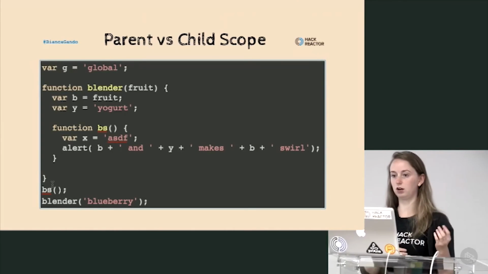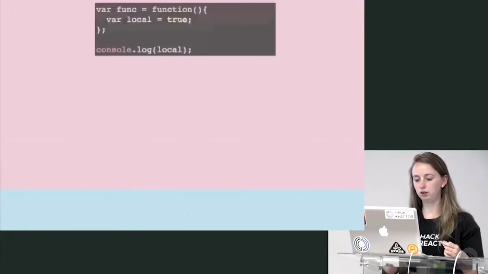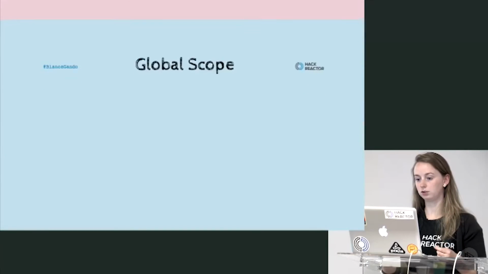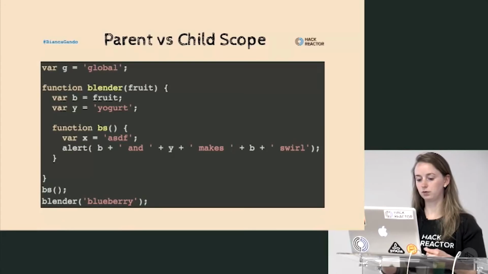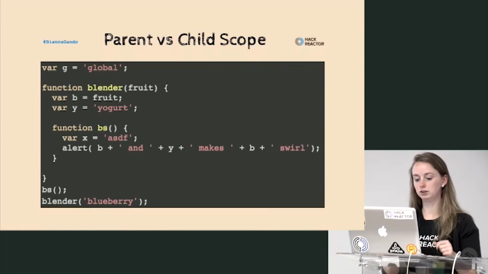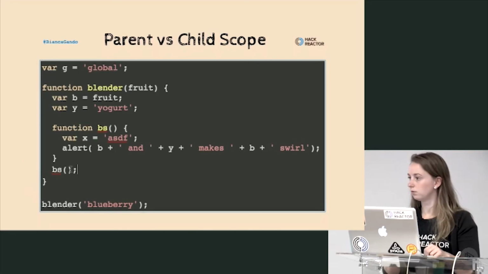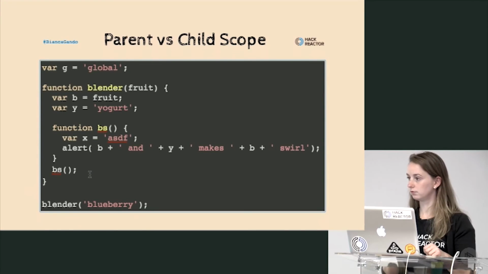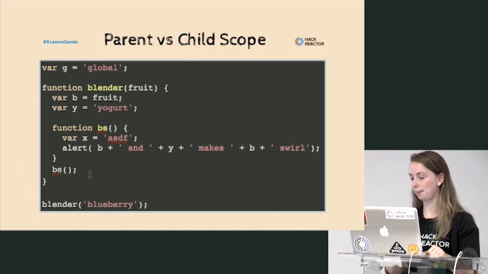And so just like we couldn't console.log local up here because it's private, we can't access the BS here. And the other thing is there's no arguments being passed to BS, but it's still rendering the blueberry and the yogurt because it has access to the parent scope.